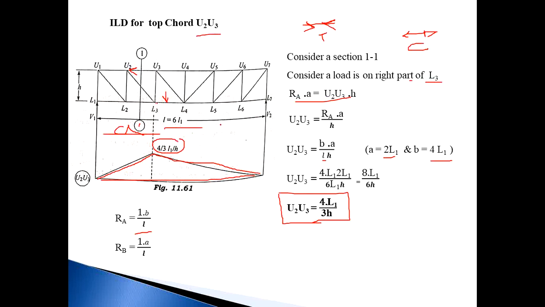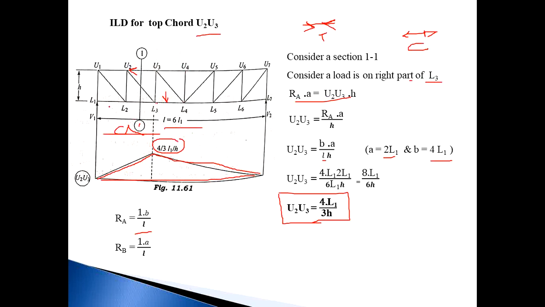So you can easily find the ILD for any top chord member, such as U3U4. Suppose you want to find U3U4, you should consider up to L4.